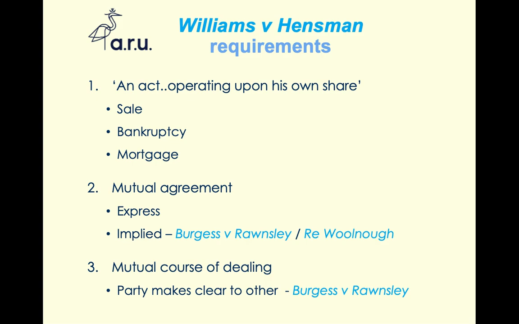So it's technically possible, as was articulated in Burgess and Rawnsley, but implied mutual agreement is similar in that what you're doing is you're implying that the agreement is to be independent of each other because the relationship has broken down and everyone's doing their own thing.